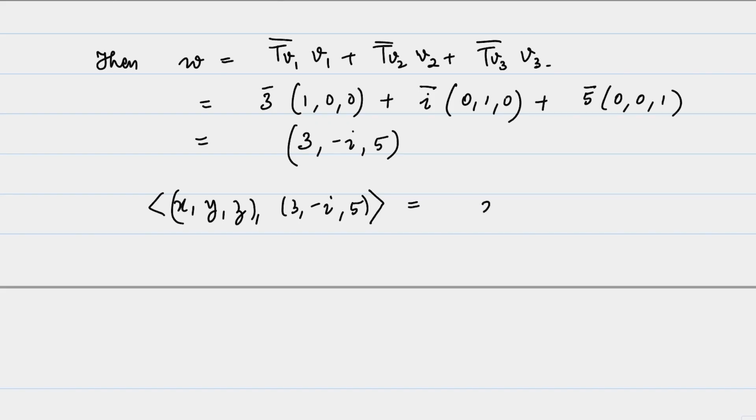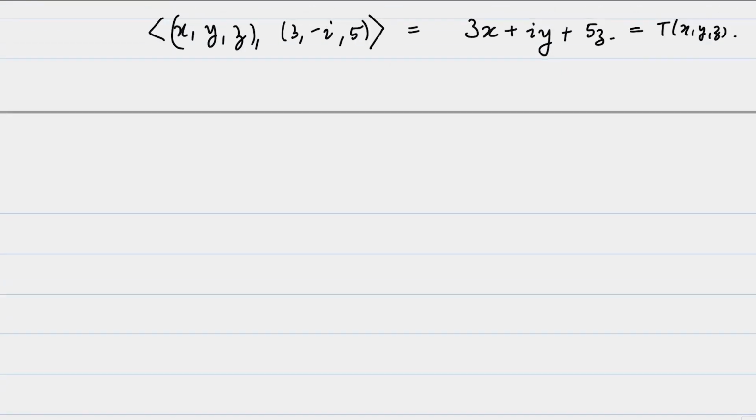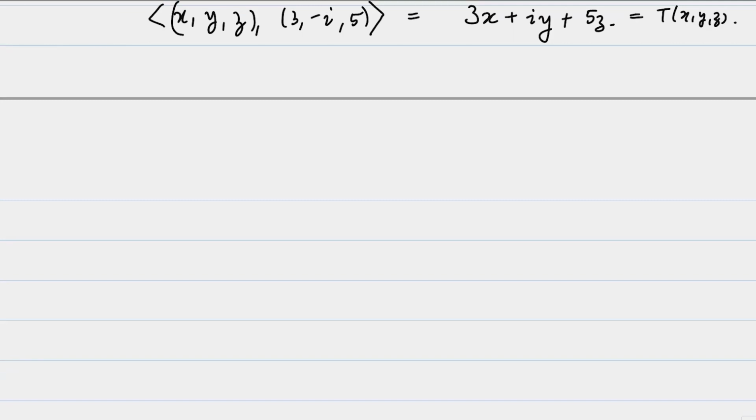So this is going to be x times 3 bar, which is 3, plus y times minus i bar. i bar is minus i, so minus of i bar is going to be i, so this is just i times y, plus 5 bar is just 5, 5z, and this is precisely equal to our T of x, y, z. So yes, we have managed to get hold of the exact vector from the Riesz representation theorem. Let's look at one more example.